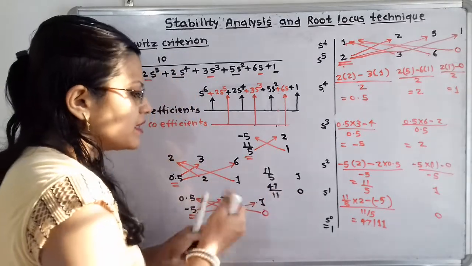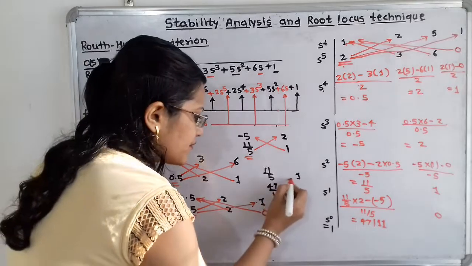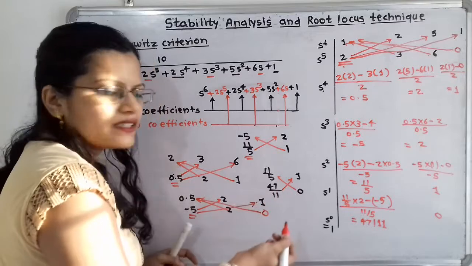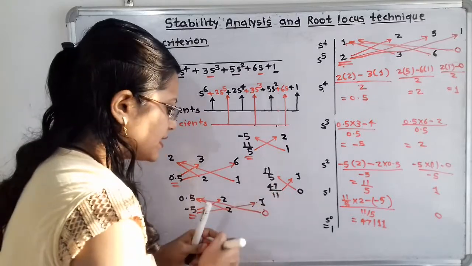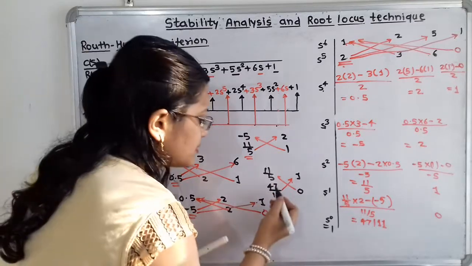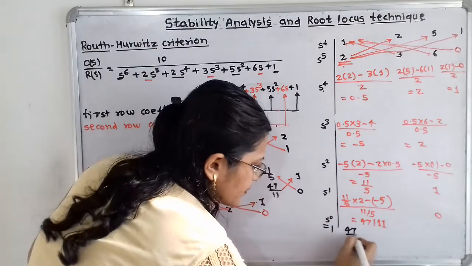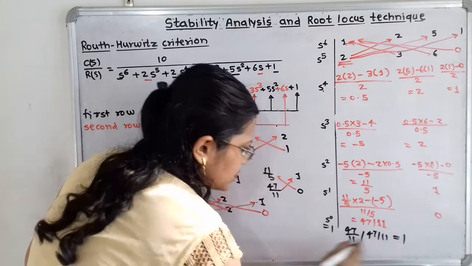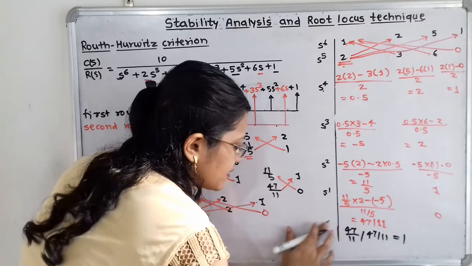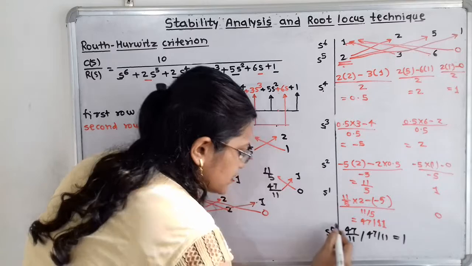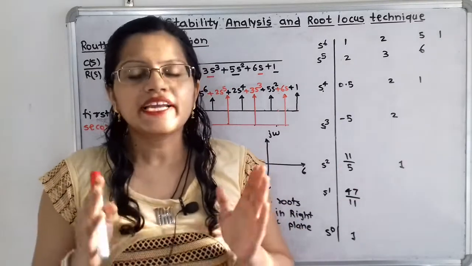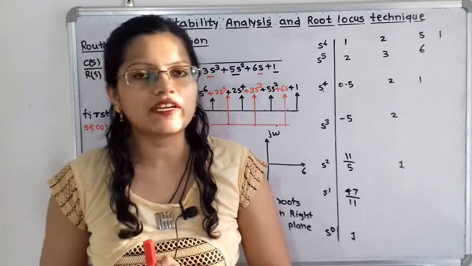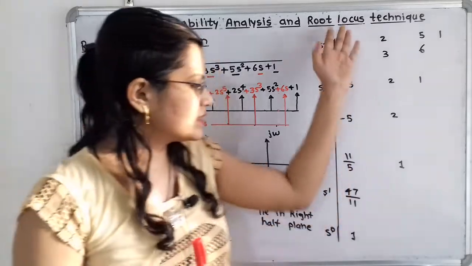Again we make the multiplication: 47 by 11 into 1 minus 11 by 5 into 0, that is 0, divided by 47 by 11. So 47 by 11 divided by 47 by 11 is nothing but equal to 1. So this is the s raised to 0 row. Here this first step is completed, that is we have plotted the Routh array. So this is the first step.